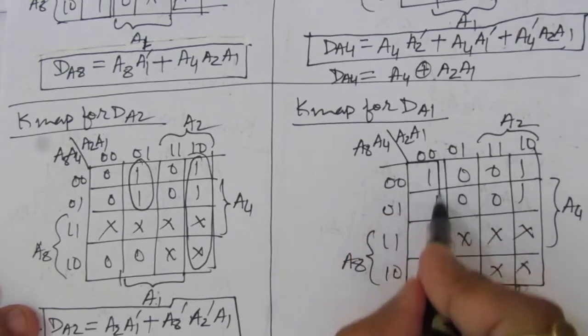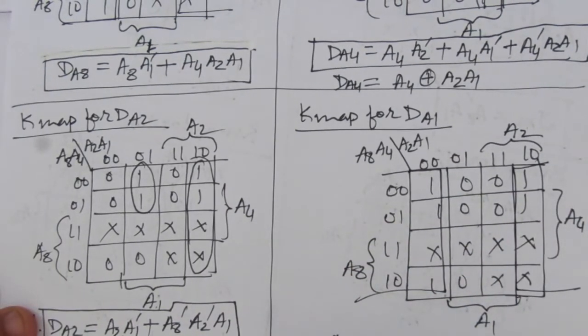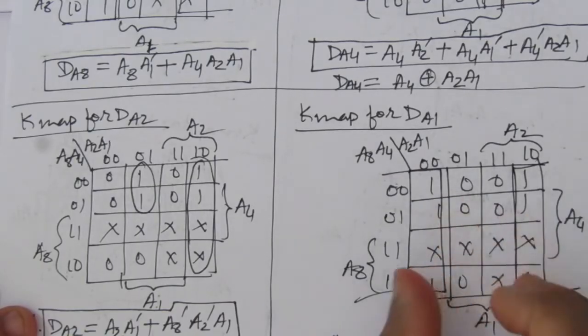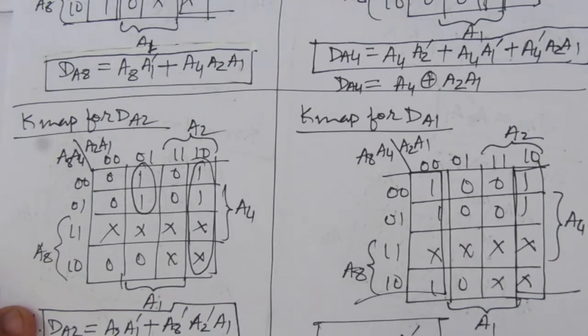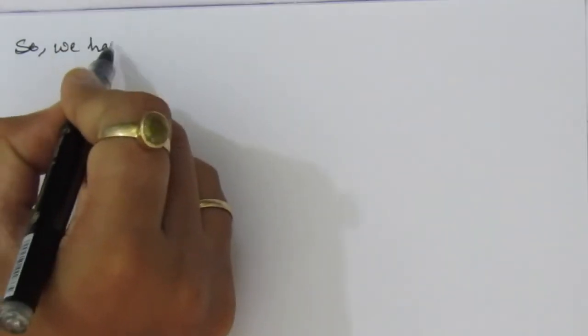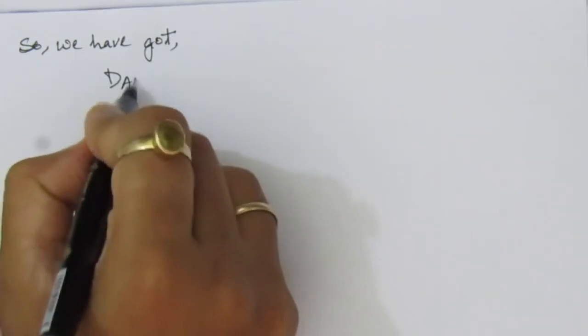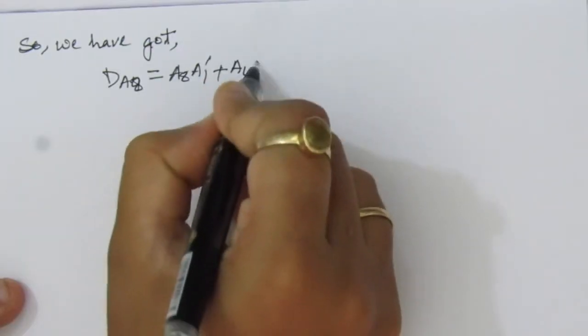So how we can combine? So this will be one combination. So here we'll get DA1 is equal to A1 complement. Okay, so we have got the expressions for DA8, DA4, DA2 and DA1. So DA8 is equal to A8 A1 complement plus A4 A2.